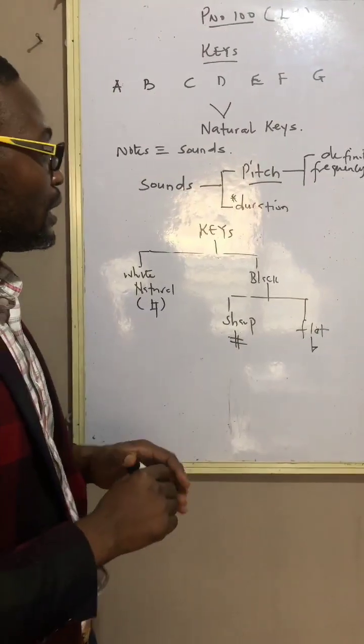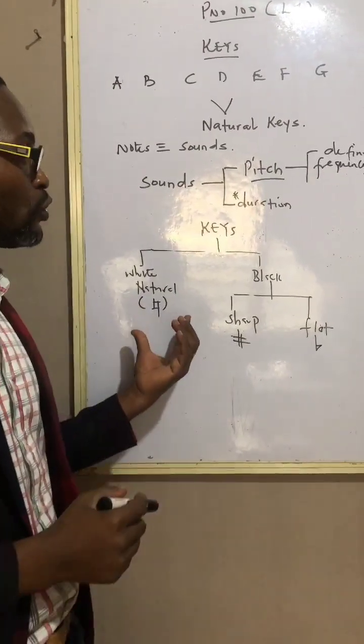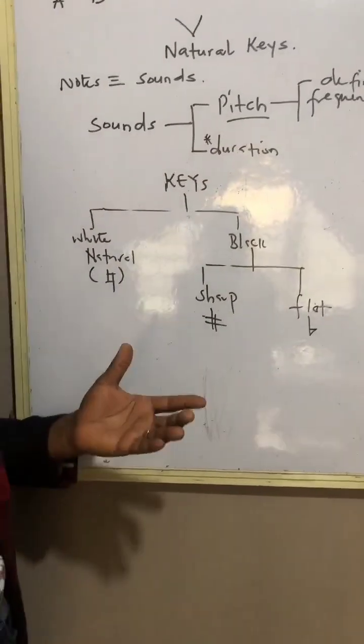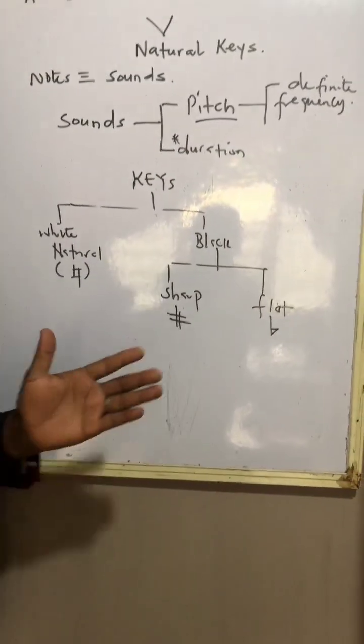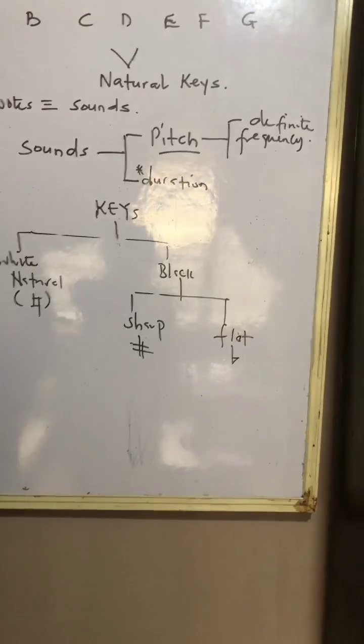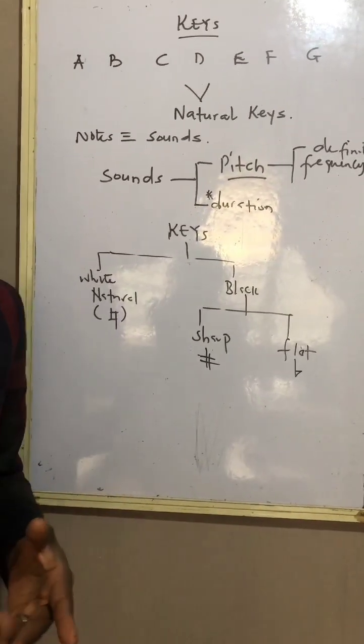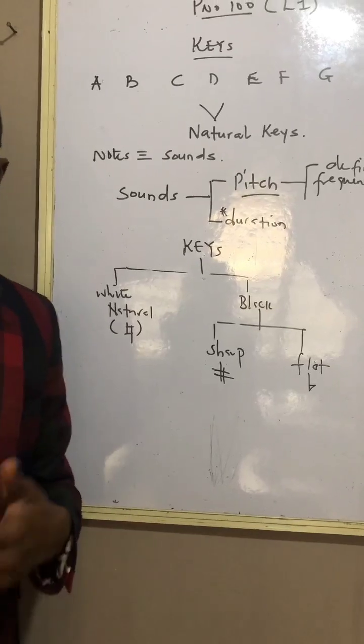Now it is needful to understand exactly which key is C, which key is what. That is where everything begins from. Learning to play the instrument, you must know the keys. You are told to play C, but which key is C? You are told to play F, which key is F?